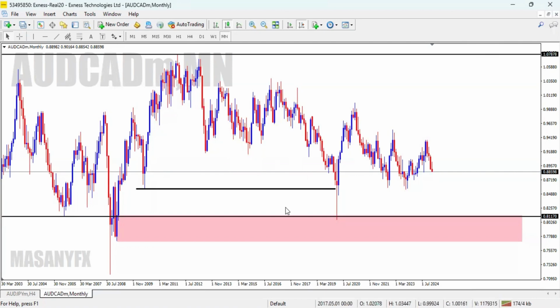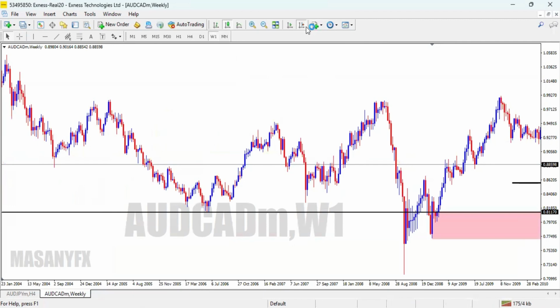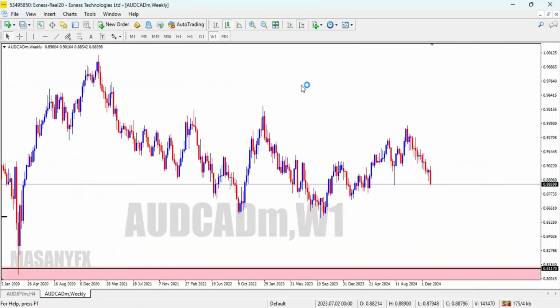This was a very beautiful trade. So because now we know that it is going there, we must look for buying opportunities in a smaller time frame.